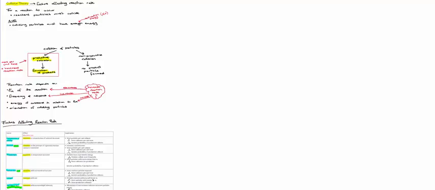And basically, the more productive collisions there are per unit of time, the faster the reaction rate is. Now, the number of productive collisions per unit of time is dependent on the concentration of reactants, the pressure of a gaseous mixture, temperature, surface area of a solid reactant, the use of a catalyst, and for photochemical reactions, the intensity of light also.